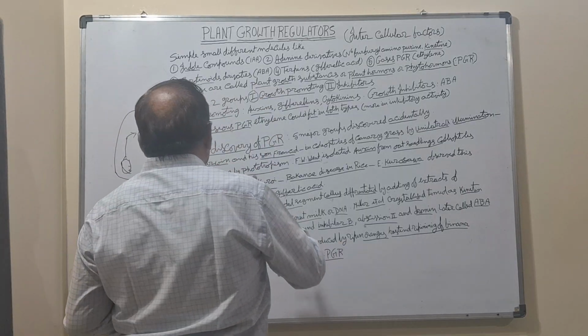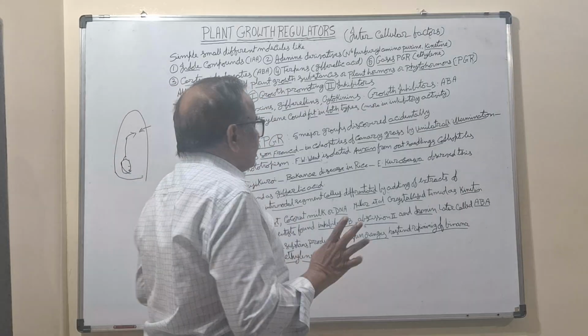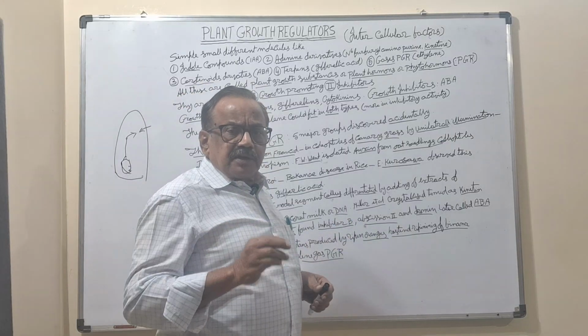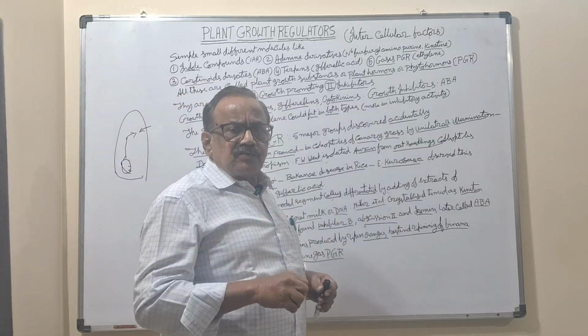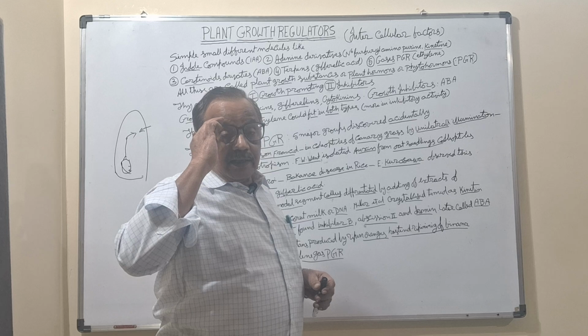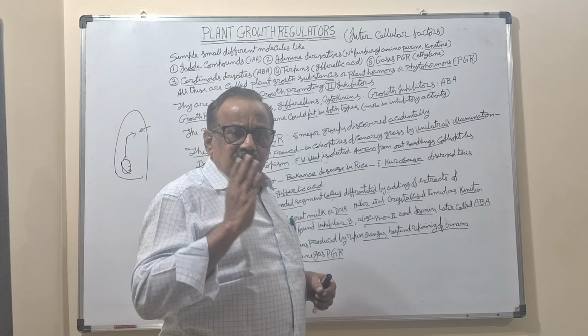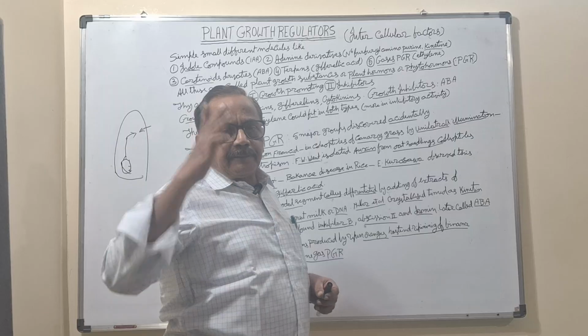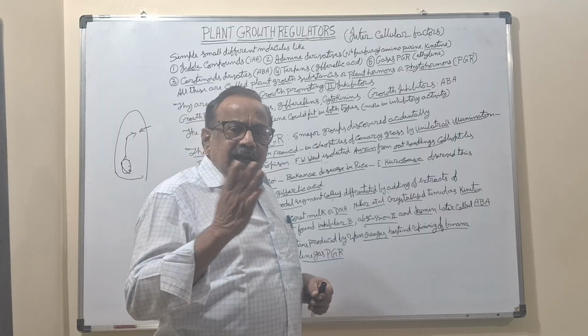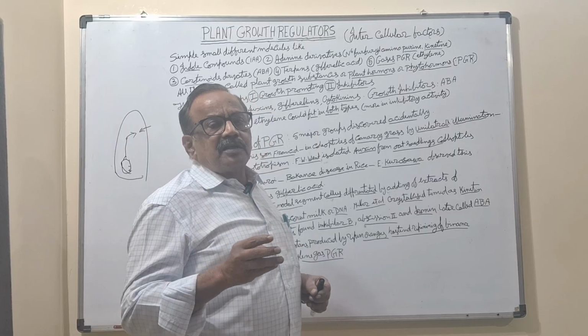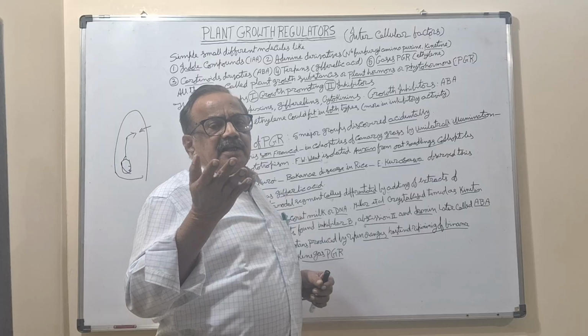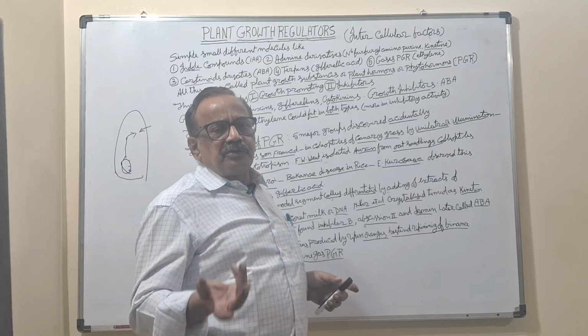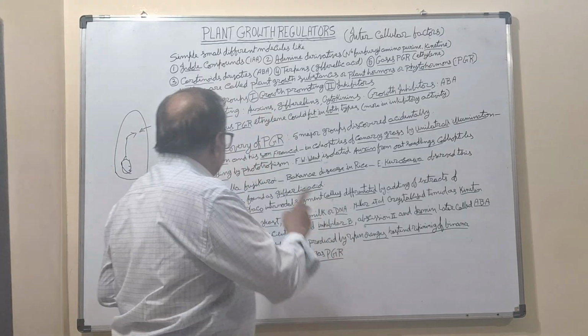And next, when they observed this repeatedly, they said that something is the cause for this bending of the coleoptile and it is produced in the coleoptile, means the apical meristem used to produce it.